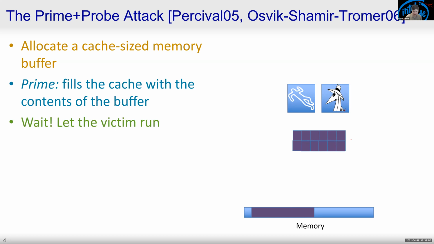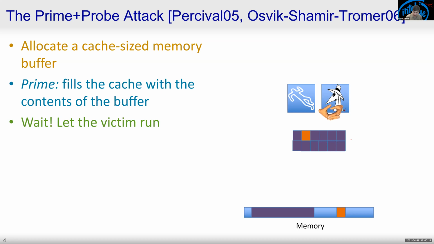As we wait, the victim runs. And a while after, as the victim runs, it needs to touch memory. The problem of the victim touching memory in this situation is that the cache is frankly full of the adversary's data. So something needs to go out.